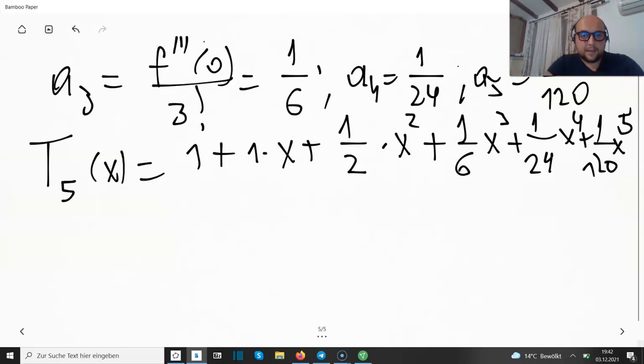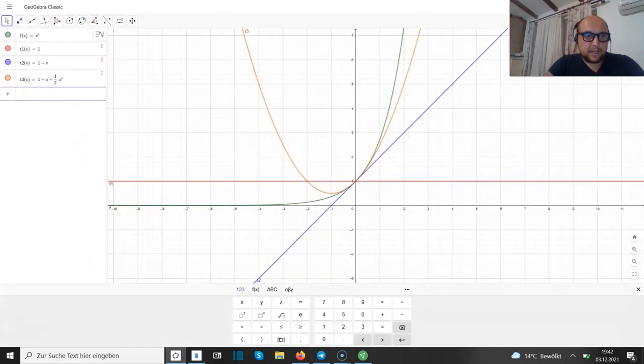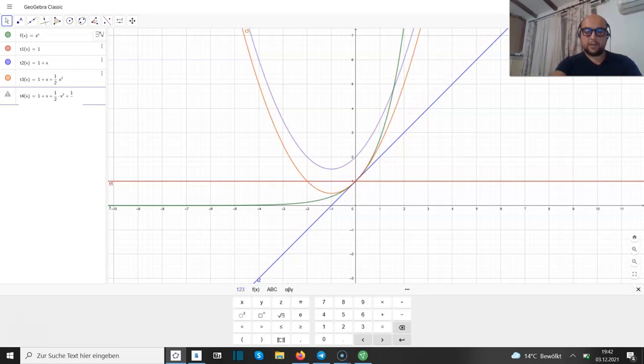And I'm claiming this is better than what we previously had. So let me check it here. Let us do it step by step again. So T4 of x would be equal to 1 plus x plus a half of x squared again, but now we said it's 1 divided by 6 times x cubed.